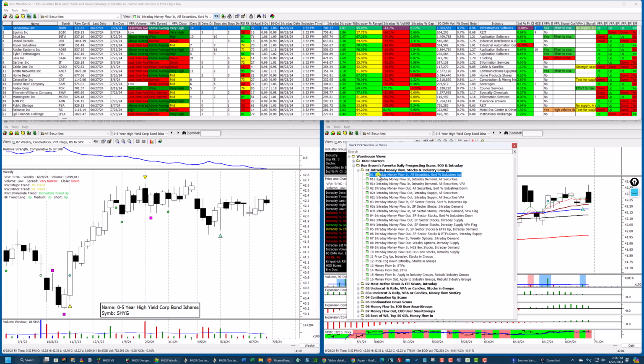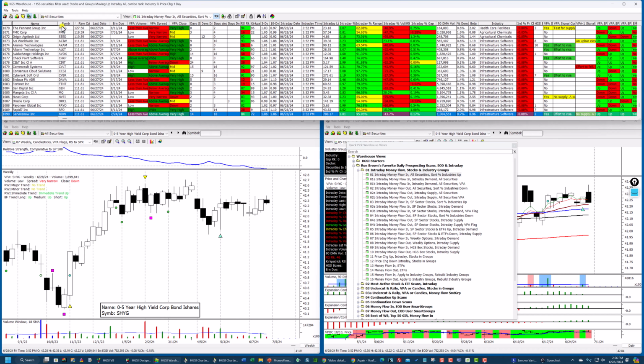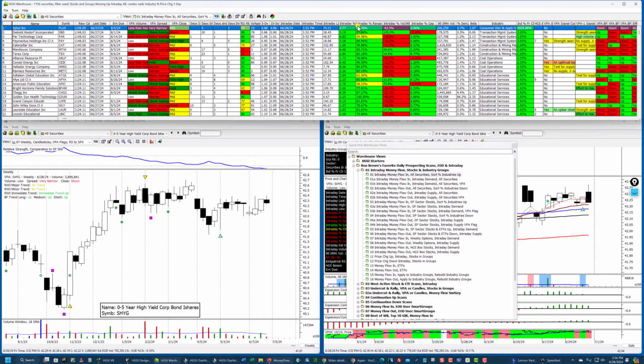If I click on this, you can see the sort is on industries up. So when I use raw combo sort, the industries that are up the most go to the top. Now there are only a couple of stocks in this industry, and one of them I believe was bought out today, so there's an anomaly on that percentage price gain.